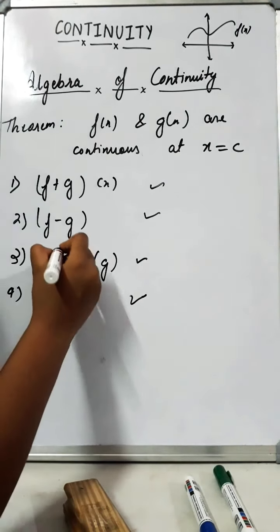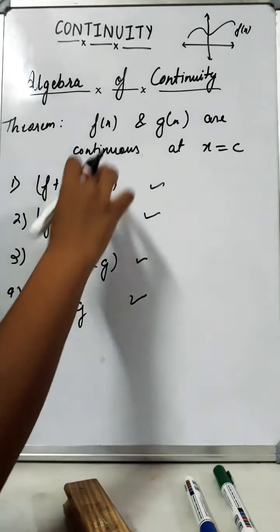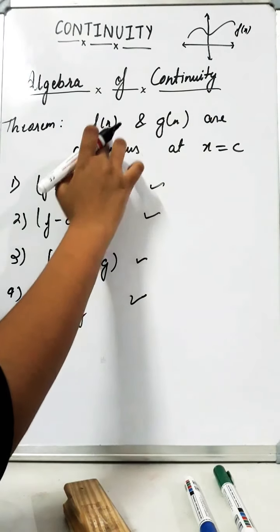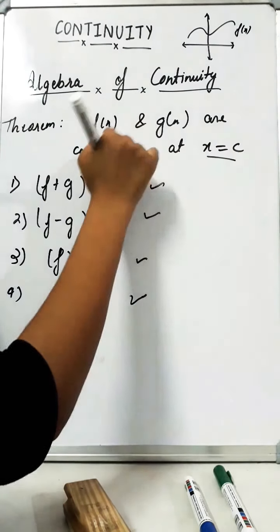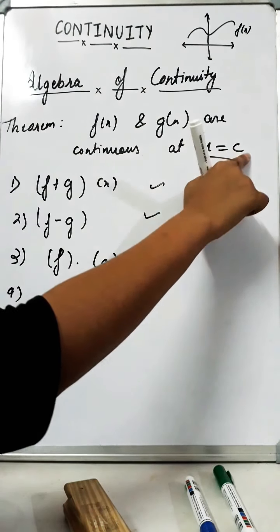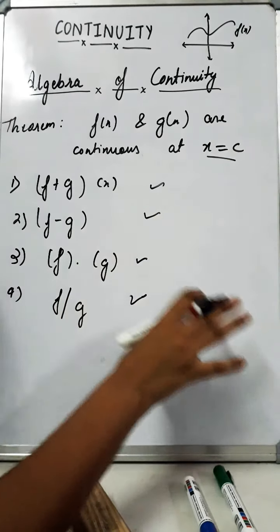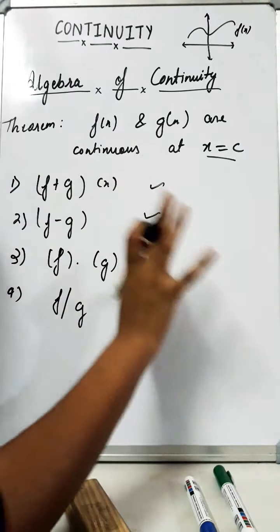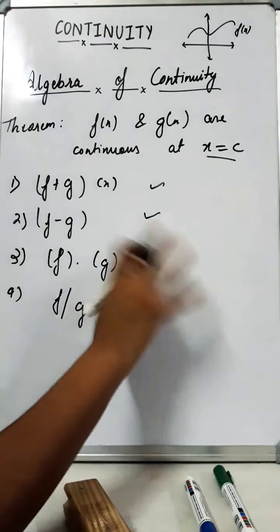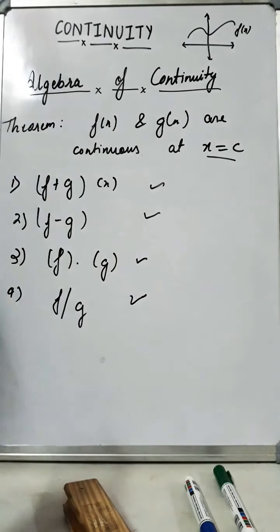So what you are getting here is, if you take any 2 continuous functions f of x and g of x, and it is already given that f and g are continuous at any point c of the real number line, then f plus g will be a continuous function, f minus g will also be a continuous function, f into g is also continuous, and f divided by g is also continuous.